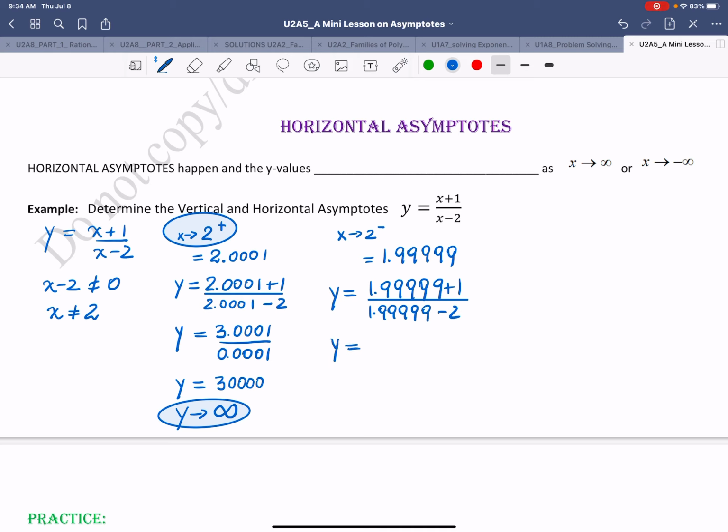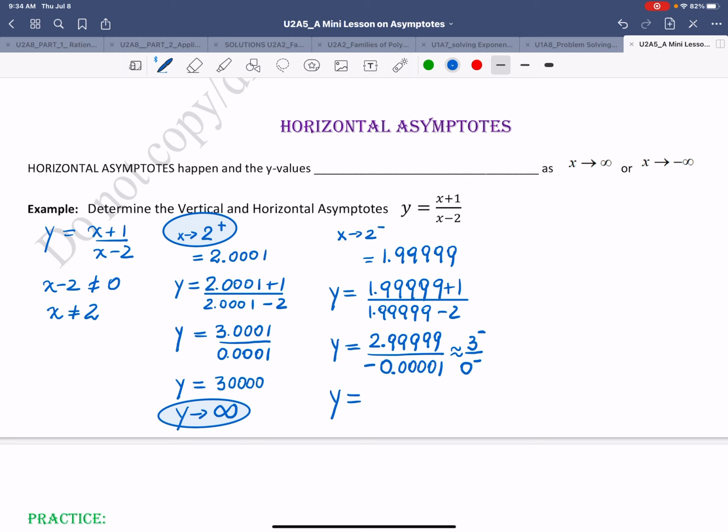So that will give the value of y equal to 2.99999 divided by the difference between these two, which will be 0.00001. And remember that we are subtracting 2, right? So that would be negative. In other words, you can look at it as the number a bit less than 3 divided by 0 minus. Now remember, 0 minus is a negative, right?